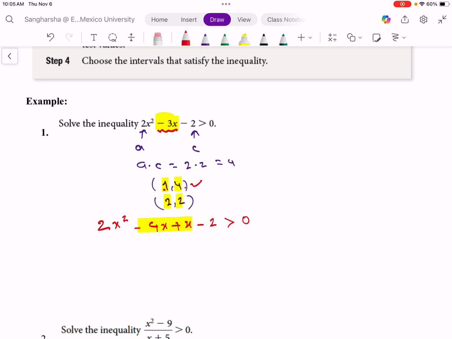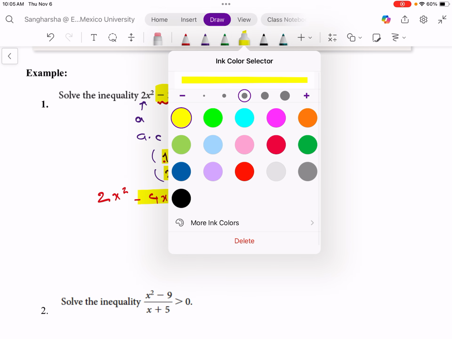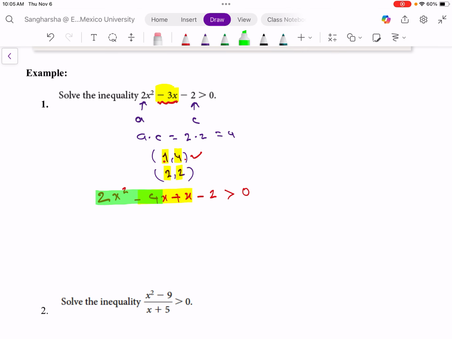Now we have 4 terms. Let's make a pair of the first 2 terms and a pair of the last 2 terms and look for the common factors. In the first pair we have 2x as a common factor. If we factor out 2x from 2x squared, we have x.